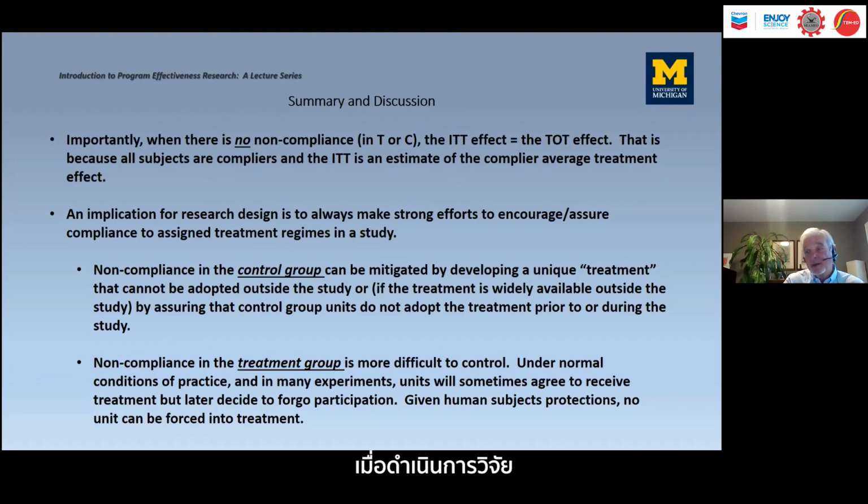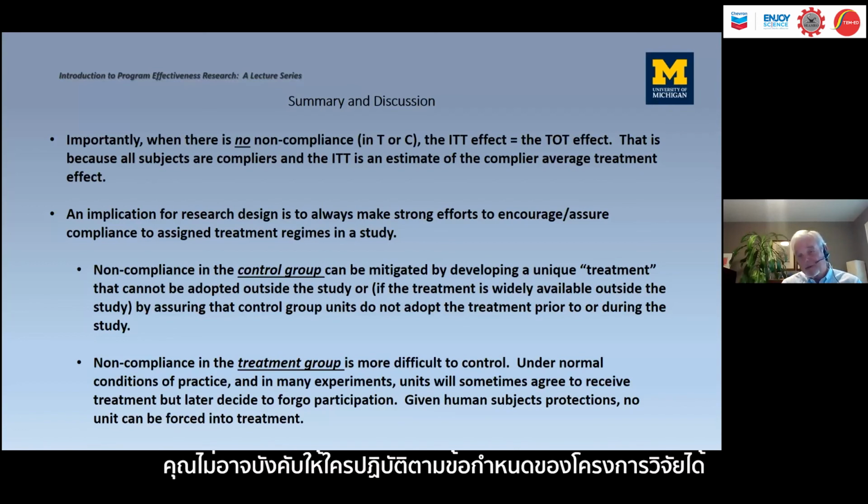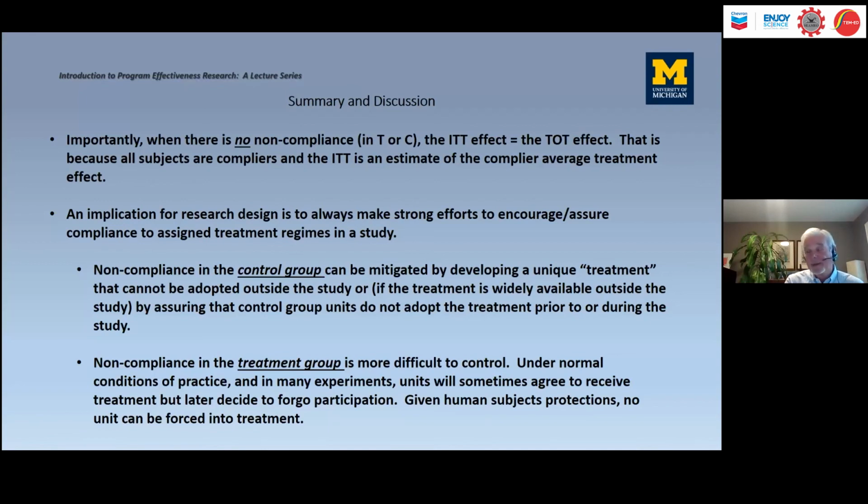When you conduct research, when you're the principal investigator of a large study, you work extensively to prevent there from being missing data. Now, if there is missing data, you can never force somebody to comply to the research protocol.